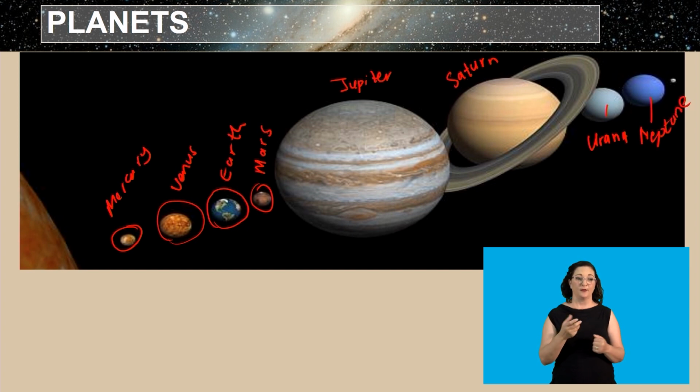All right, and this is how our planets, the 8 planets, follow each other from the sun.